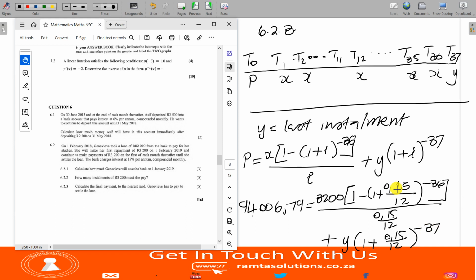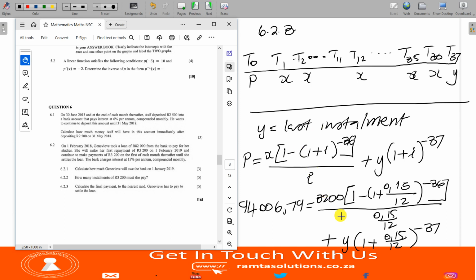Cool. So now we're going to leave the left-hand side as it is and quickly calculate the right-hand side.